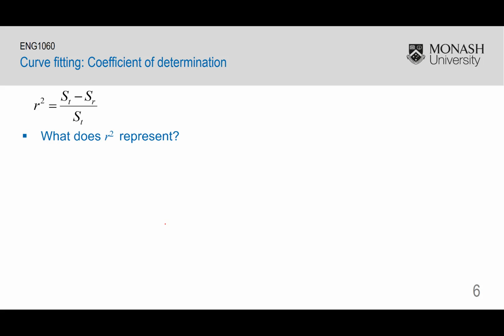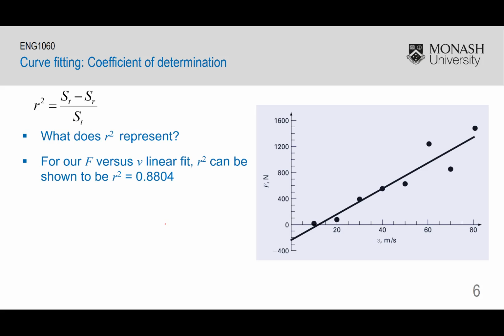So then what does r squared represent? Let's go back to our force versus velocity data. If we go through the process of calculating the coefficient of variation for this particular curve fit, we can show that r squared is equal to 0.8804 to 4 significant places.